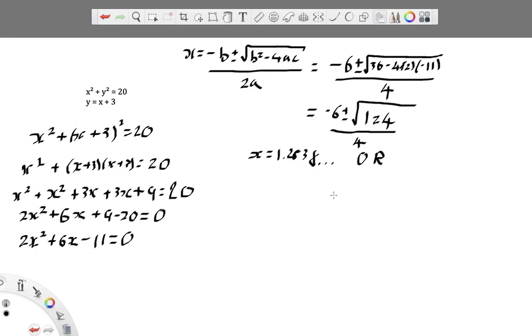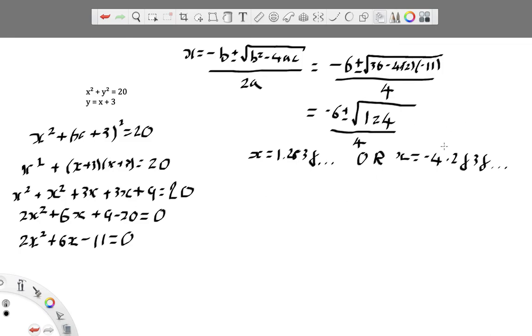Or x can be the other option, so minus 6 minus root 124 over 4. So that can there be equal to minus 4.2838 and so on.